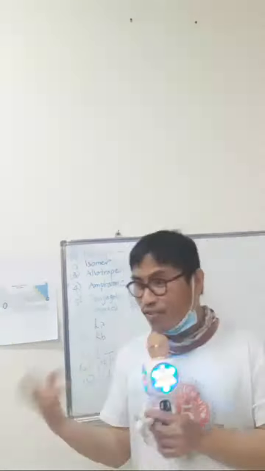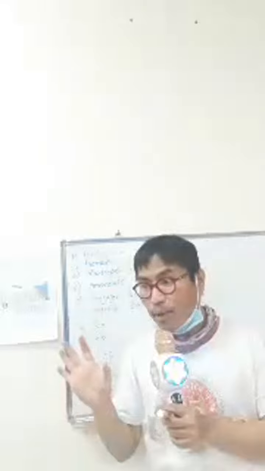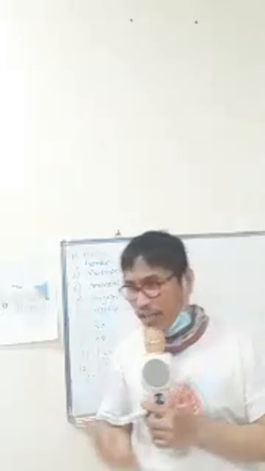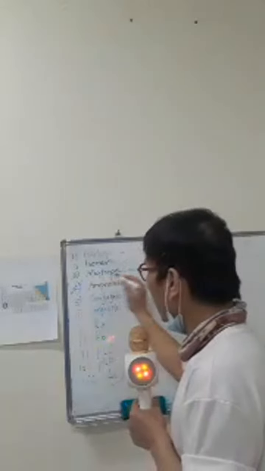Only the form changes, but still fluorine. That's an example of allotropes. Any same elements that differ in form or physical appearance. That is allotrope.